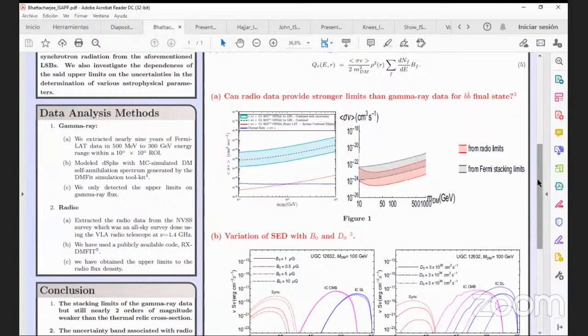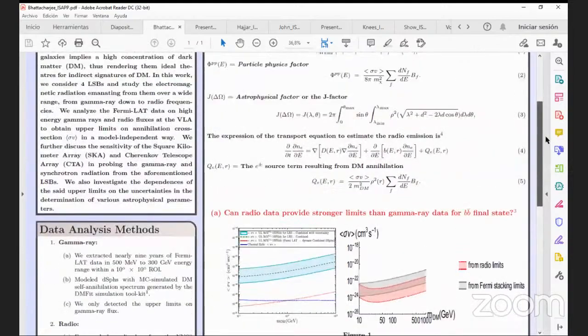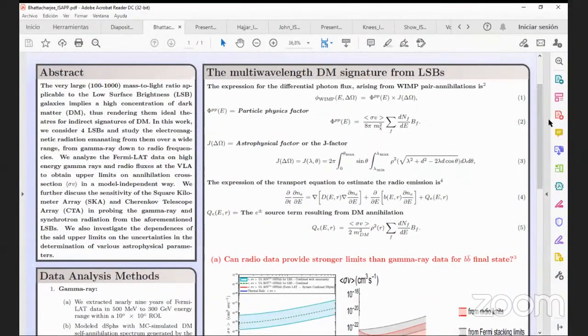And if you can go to the right section of the poster, yeah, just go ahead. Here I have also explained the formulation part. The first equation is the expression for the differential photon flux that we can extract from the dark matter, or what we have called WIMP pair annihilation.